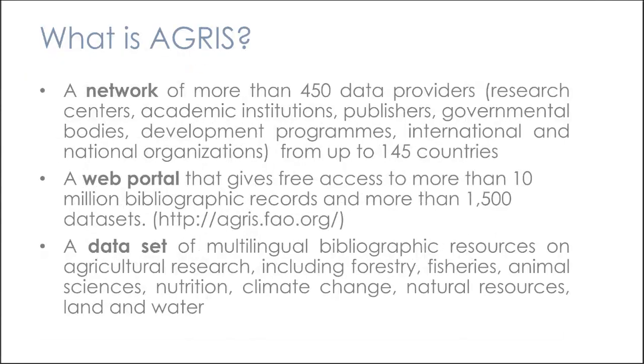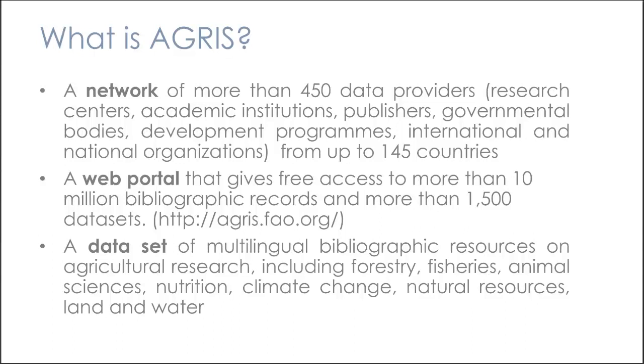Today we are already a network. AGRIS has been there for quite a long time, a network of 450 data providers. Among them, research centers, academic institutions, international and national organizations, governmental ministries and institutions, quite a heterogeneous group of data providers.